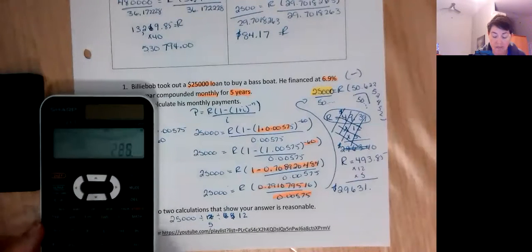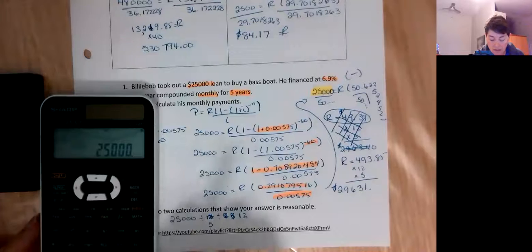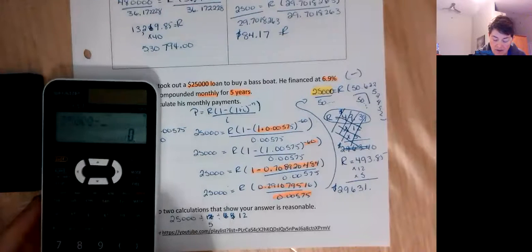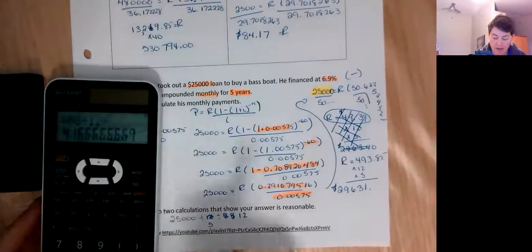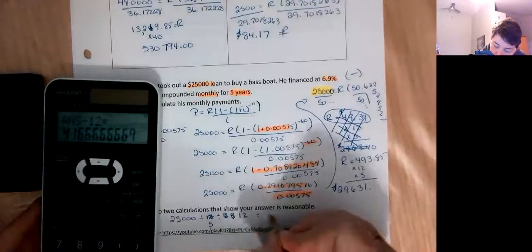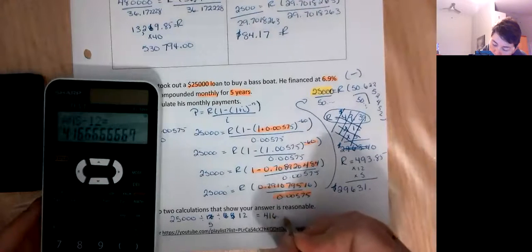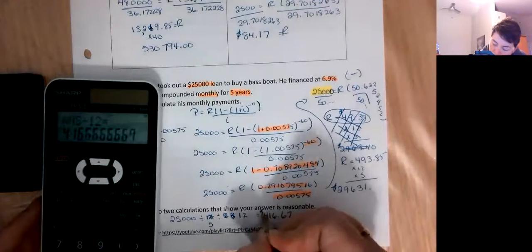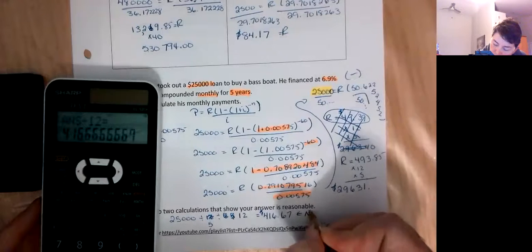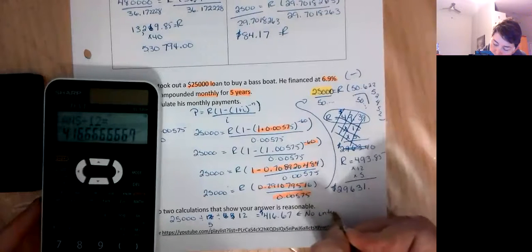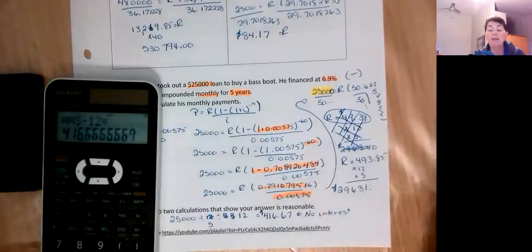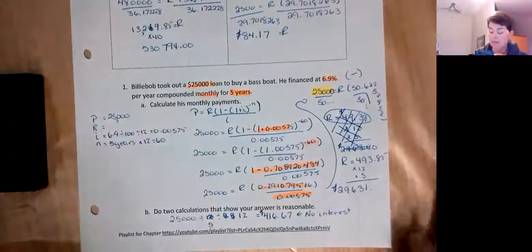So 25,000 divided by 5, okay, $5,000 a year, divided by 12. So per month, he's going to be 416.67. That is how much he'd pay if he didn't have to pay any interest.